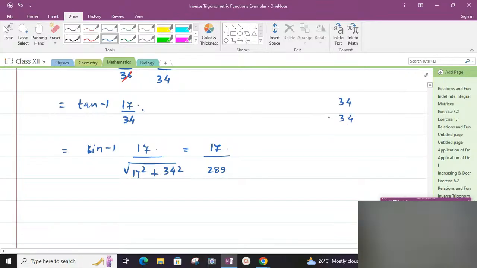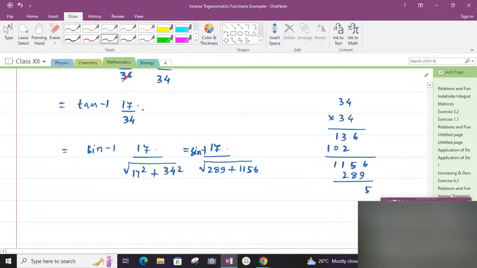So we multiply this, then we get 136, and here 1156. The addition of this will be 289 plus 1156, which is 1445.